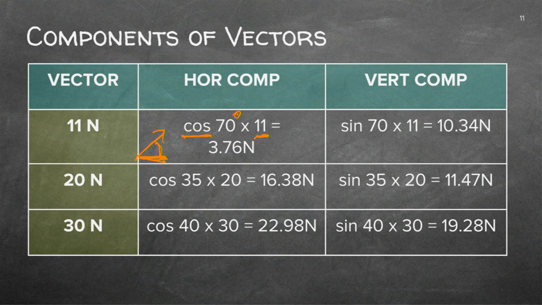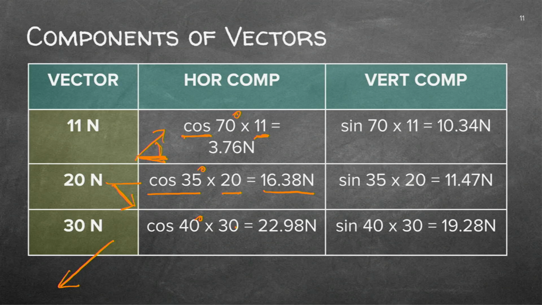Exactly the same was done with the 20 Newtons. It was again the 35 degrees, and I had the adjacent and the hypotenuse, so I could find the horizontal component. And exactly the same with the 30 Newtons, using the 40 degrees and multiplying that with the hypotenuse.